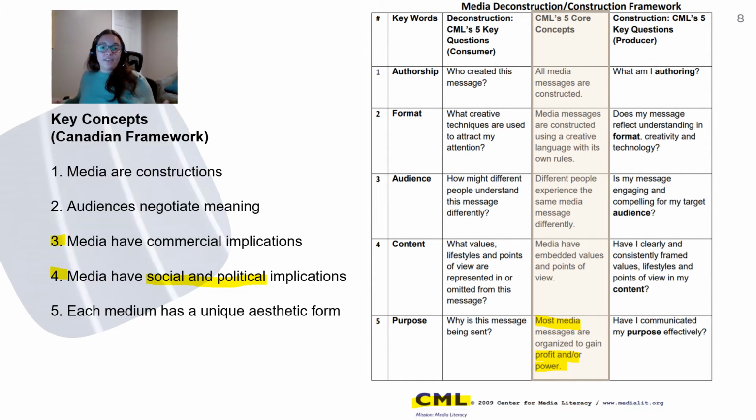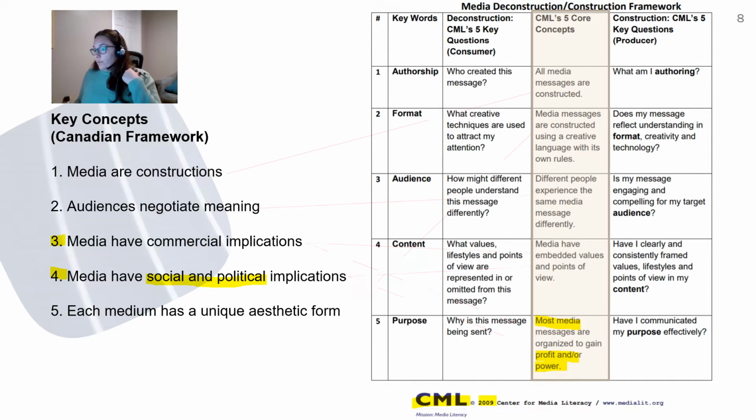So I'm guessing they took some of the best frameworks around the world and built theirs, but that is completely valid, and that's why I like it. It has been improved. The Canadian framework is from last century. It's a work from last century. Well, this one is from 2019, but it is more current to our media landscape today.